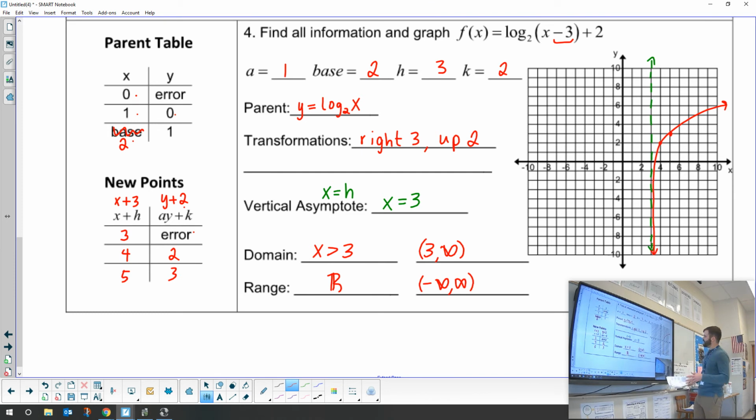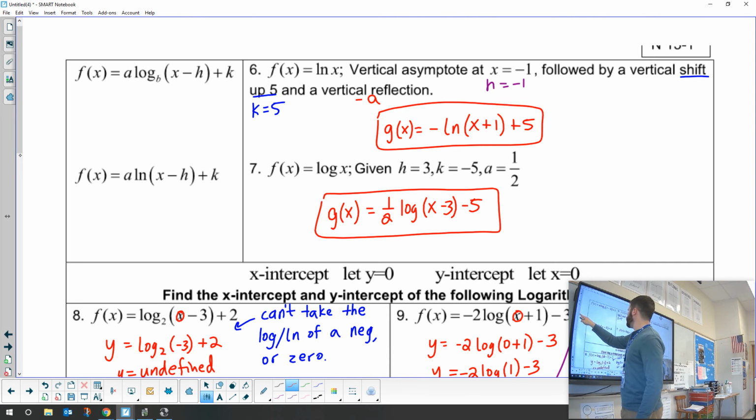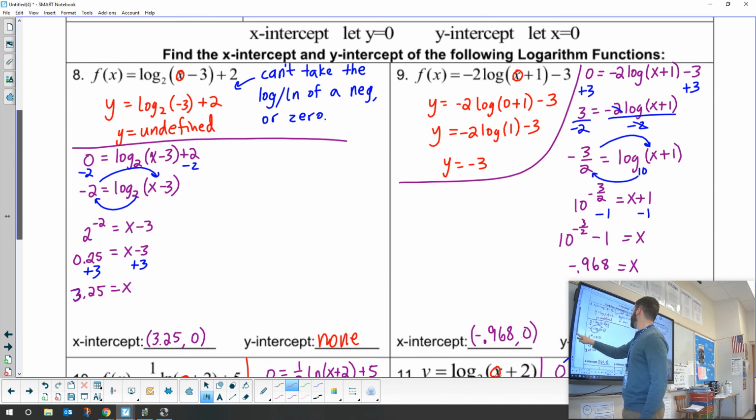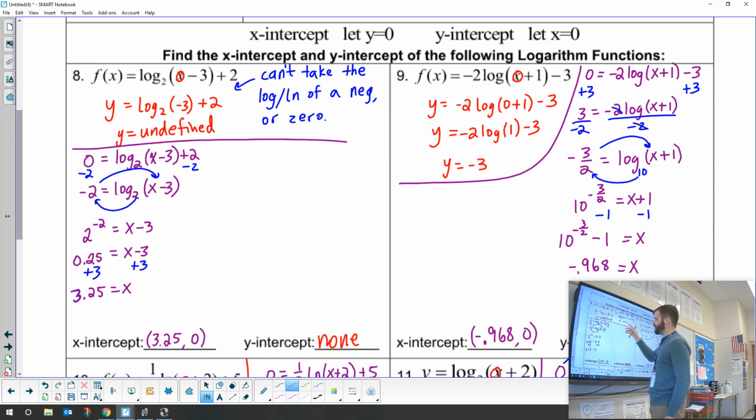All right. Now, don't have to be super specific, but I wanted to point something out. Yesterday we did all that work finding x and y intercepts. Now, this one obviously doesn't have a y-intercept, but it does have an x-intercept, and we could find that. In fact, on yesterday's homework, take a look at number 8 right here. It's the same exact problem, and we did not have a y-intercept, and my x-intercept was 3.25.